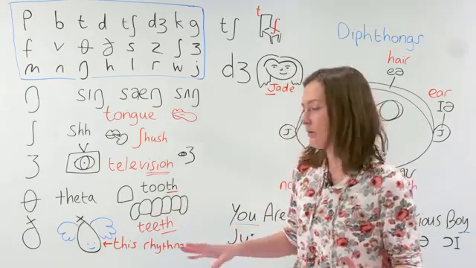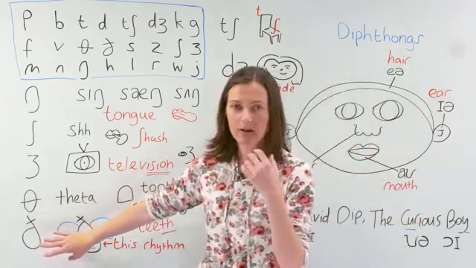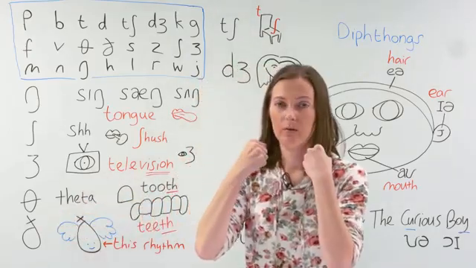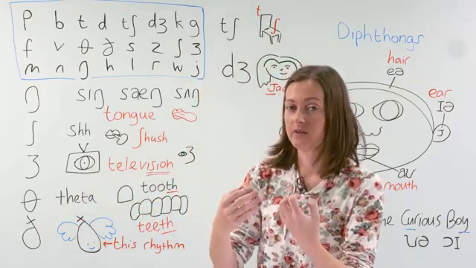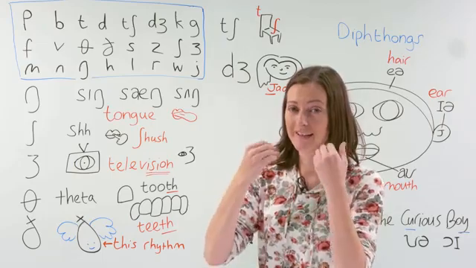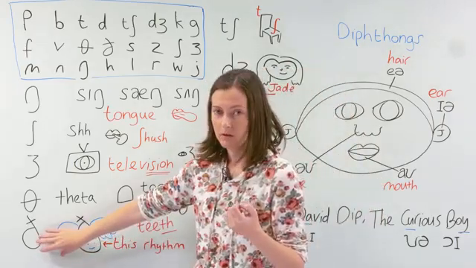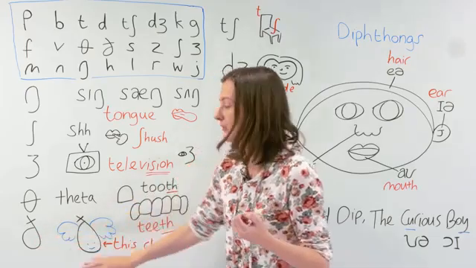And to make this sound, we keep our tongue in the same position as theta, but we voice this sound with vibrations instead of air. So this sound is z, z, z, z.